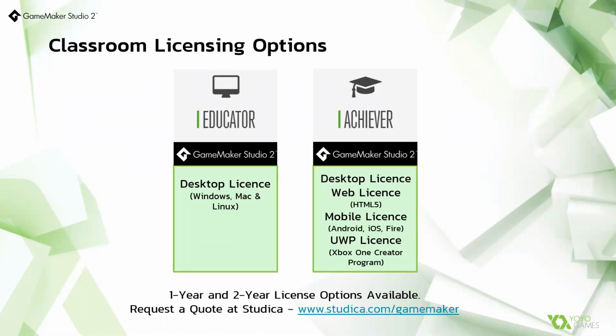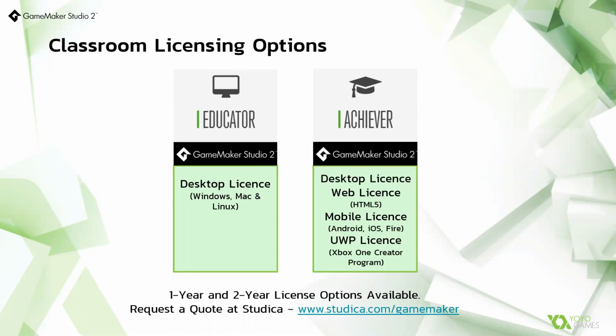And there's also an Achiever license, which exports to desktop but also to mobile, so iOS, Android, and Amazon Fire, and all devices associated with those platforms. It includes web, HTML5, and also UWP, which is Universal Windows Platform. And that, interestingly, lets you actually put a game on an Xbox One through the Microsoft Creators Program.